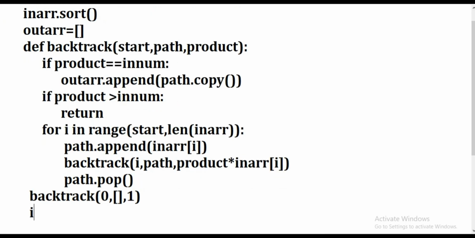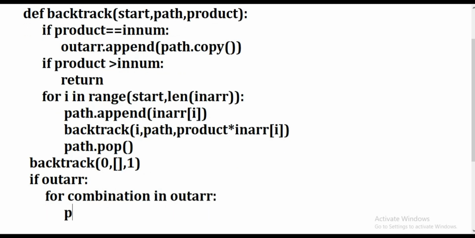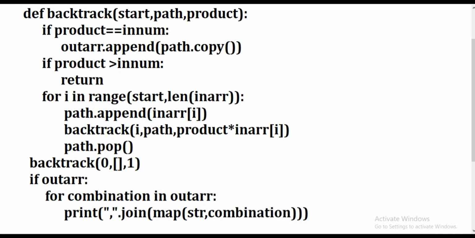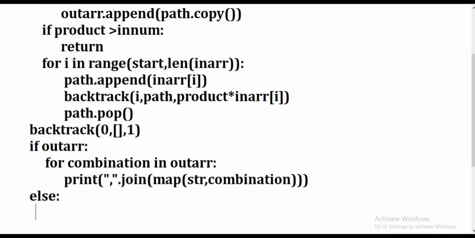Then, after appending all the paths to the array, if the outer array is present, for each combination in the outer array we print the result, joining the elements with commas using join, map, and str. If the outer array is empty, print -1.